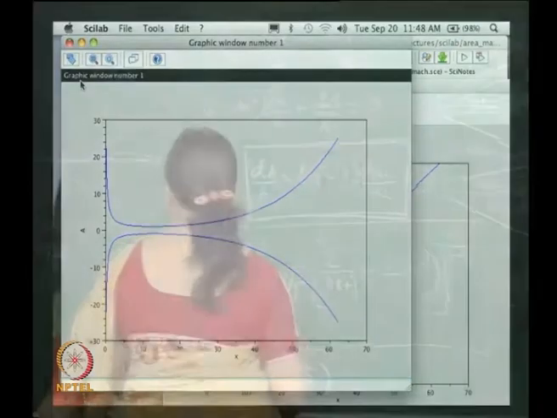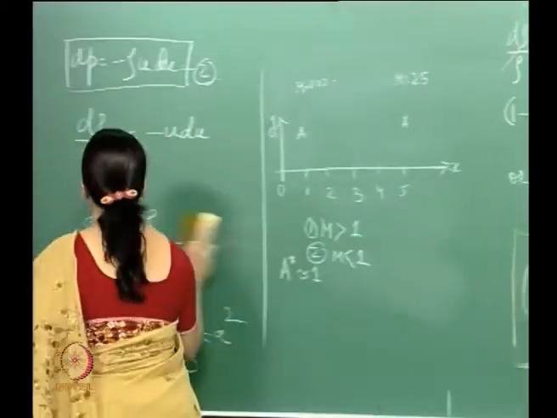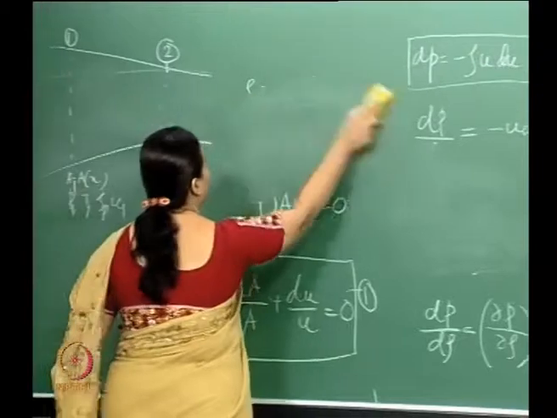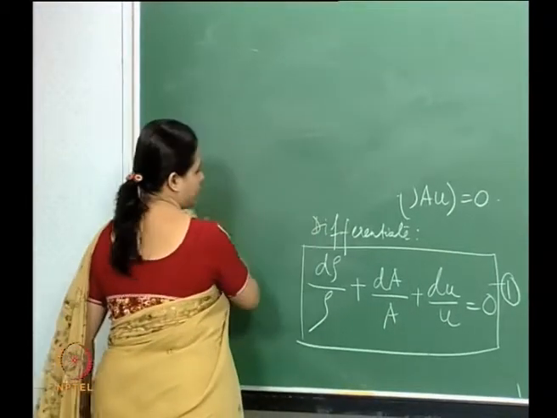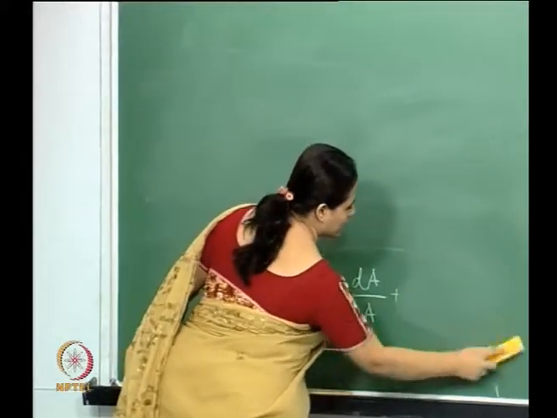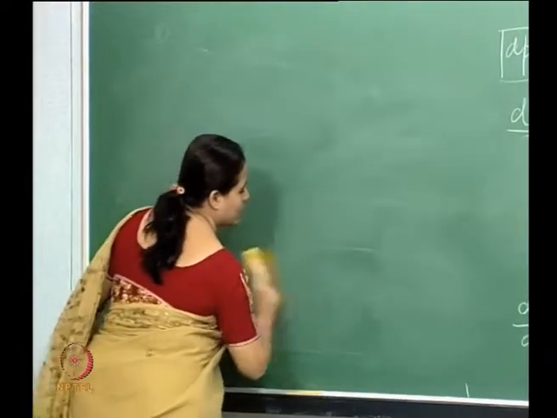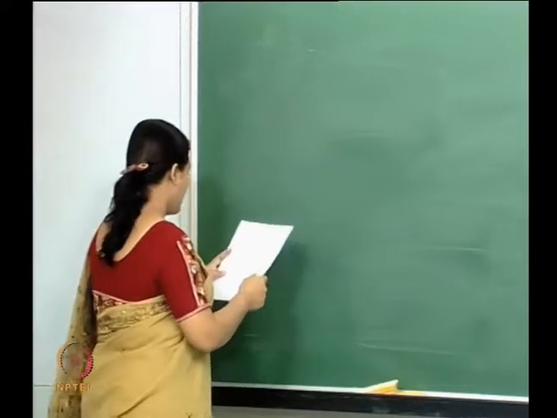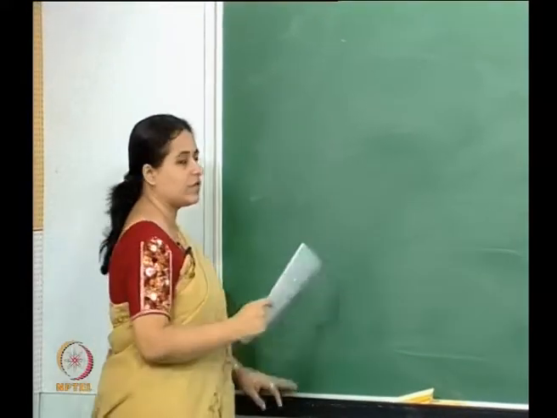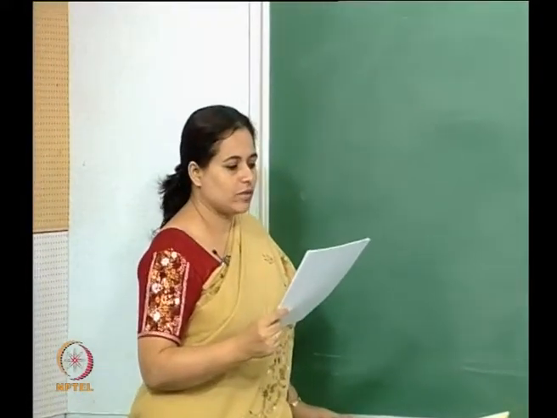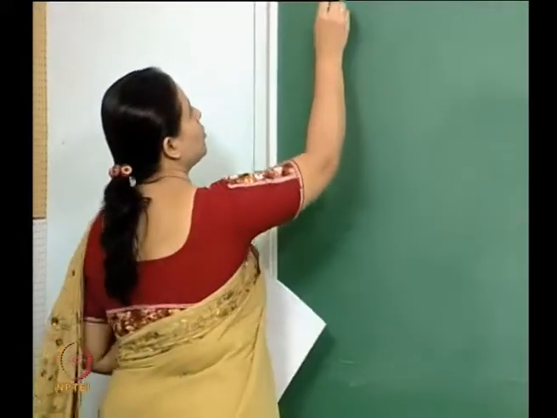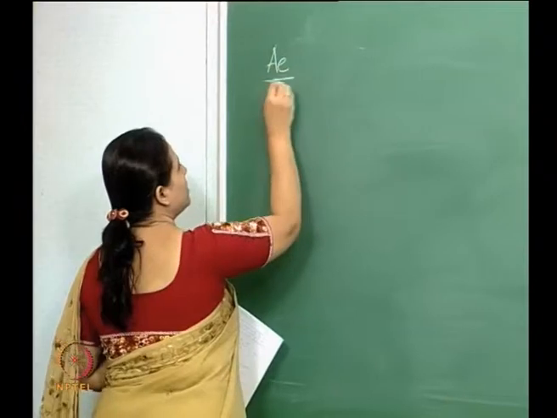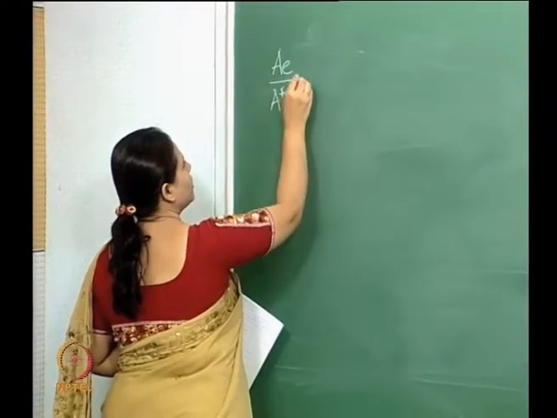Okay, so now let's do a quick problem and sort of wind up our understanding of this. We have an isentropic flow through a convergent divergent nozzle with an exit to throat ratio of 2.